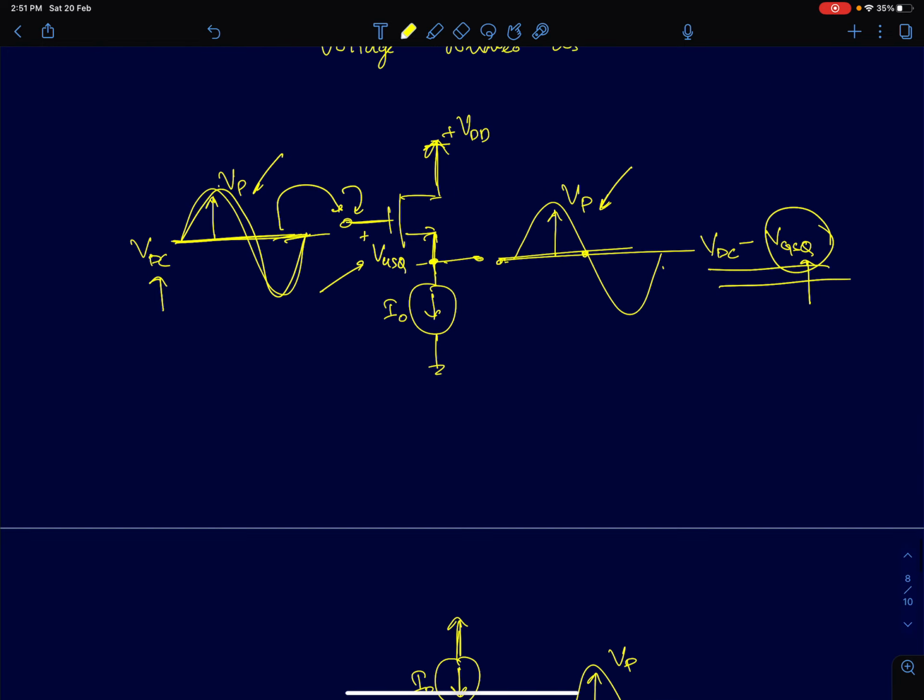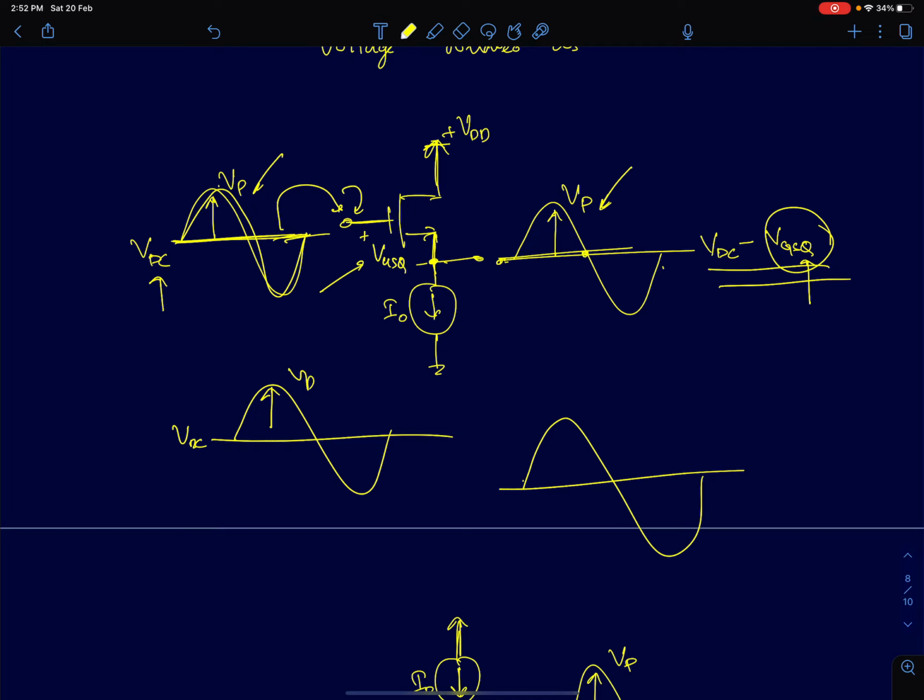If I plot the DC levels, you are going to get VDC as the input level here. Now the output voltage is the same: the peak value of the AC signal is the same, but the DC value is reduced by VGSQ. Your VGSQ here is nothing but V overdrive plus VTN.